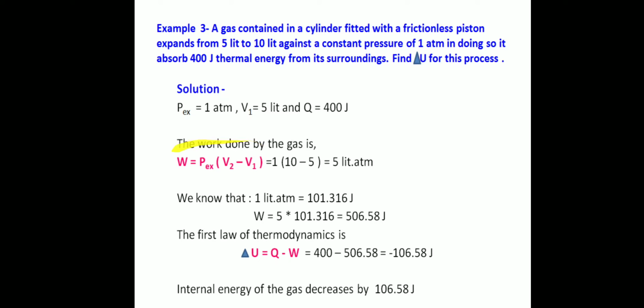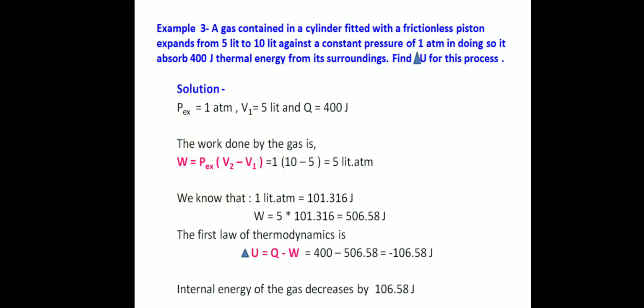But how to calculate W? So simply PV work done is nothing but the W, right? So W is equal to P into V2 minus V1. So pressure is given, that is 1 atmosphere, V2 is given, that is 10 liter, V1 is given, that is 5 liter.